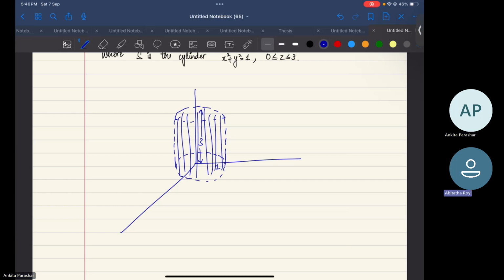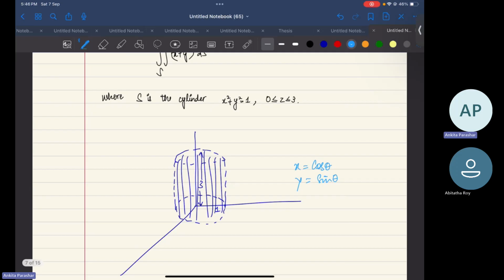You remember? Polar coordinates. Correct, polar coordinates. So I will simply go by polar coordinates. I will write x to be cos theta and y to be sine theta. Of course, we are looking at the complete circle, so theta would range from 0 to 2 pi.